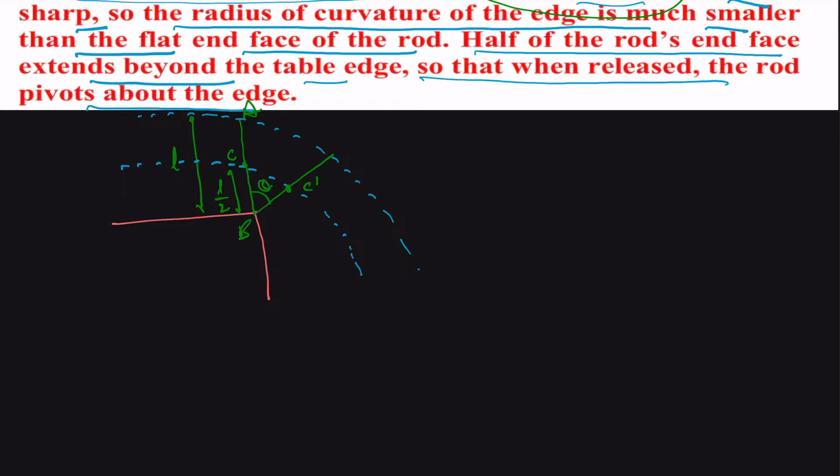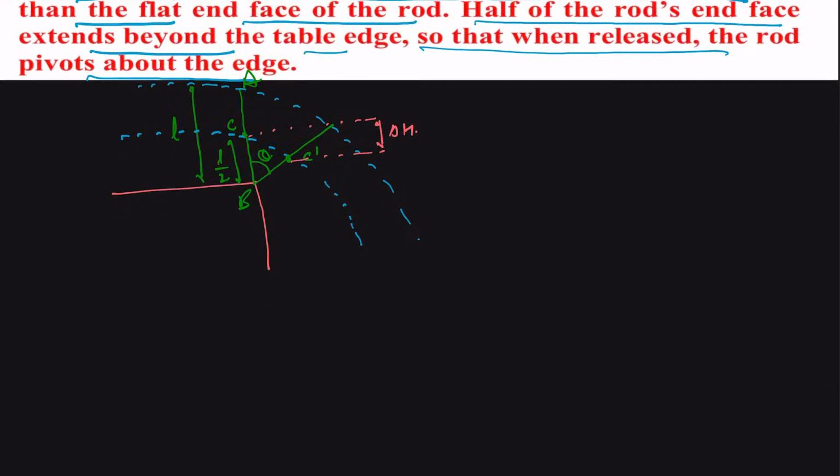So we can find out by how much distance this center of mass is going to fall, and let us call this delta H, because we are going to use the energy part.